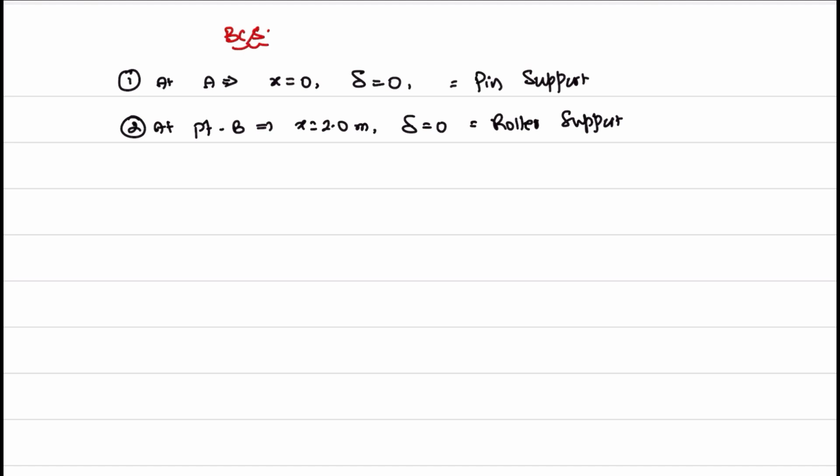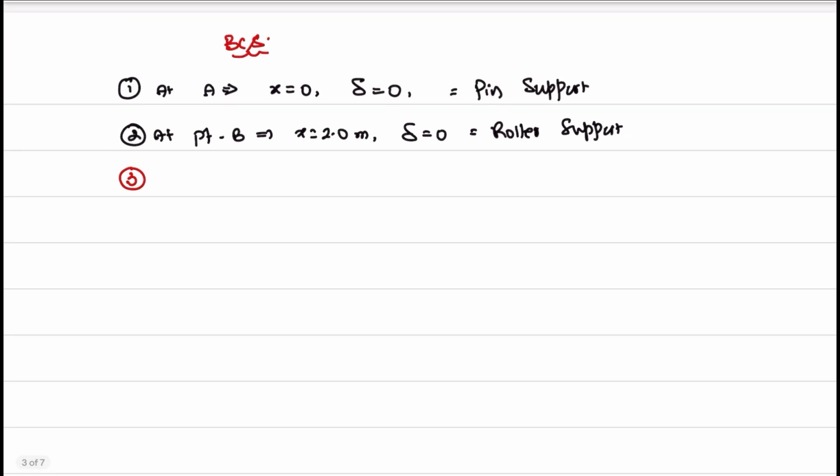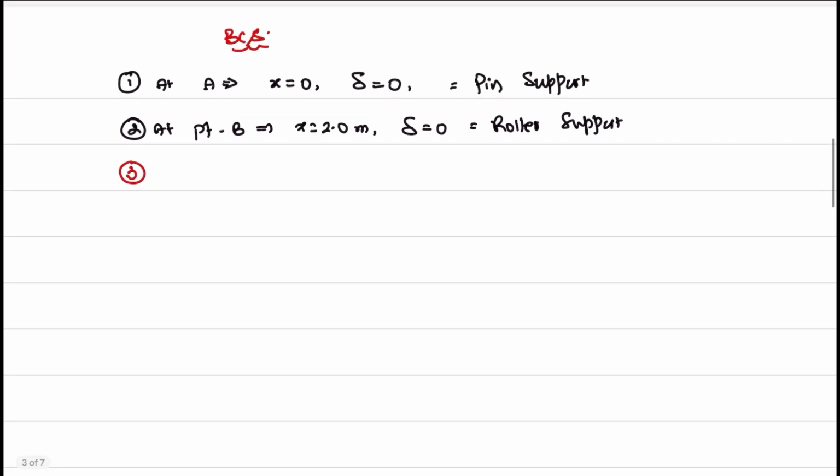And the beam is not ending at the support. It's extending. It's an overhang. Hence, the third boundary condition is very important. Here, deflection is not 0.